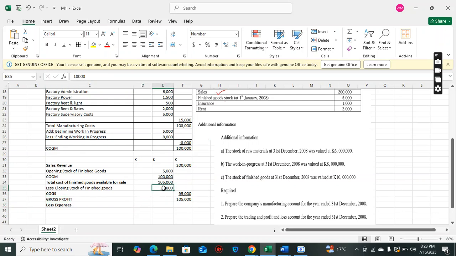This 10,000. Yes, 10 million here, 10 million. Let me just put it. There are these three zeros on top. I had to put them here. Yes, it's 10 million, sir.